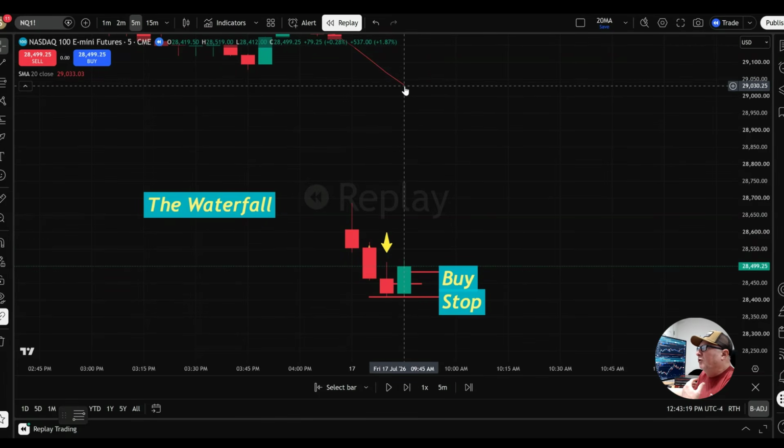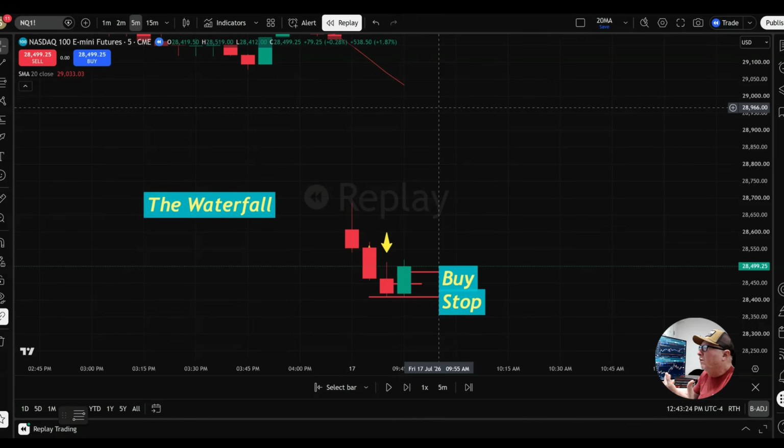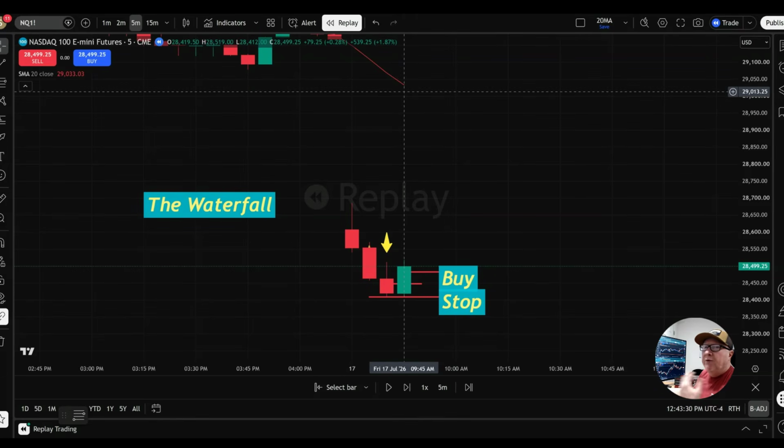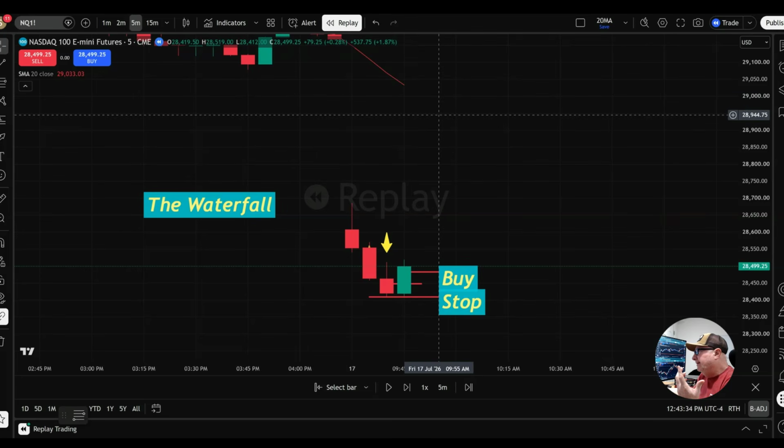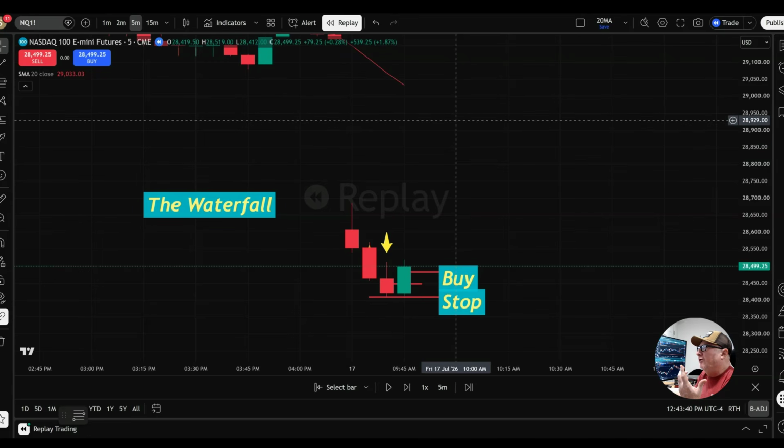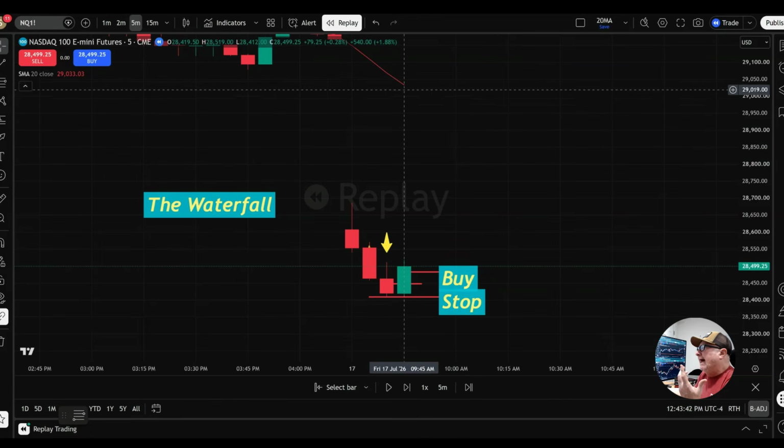And I'm looking at where that falling 20 is, and it's going to be falling in the waterfall trade. I'm guessing that if the trade works well and just moves higher off the bottom, that's about where the intersection is going to be.